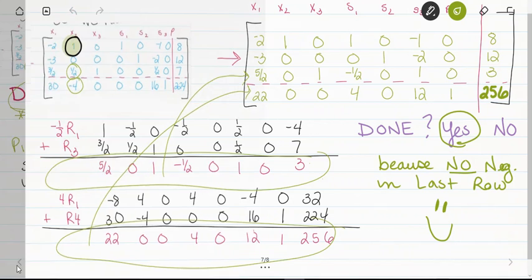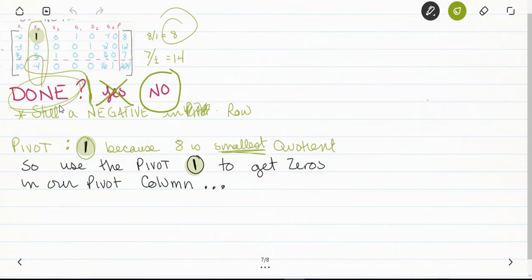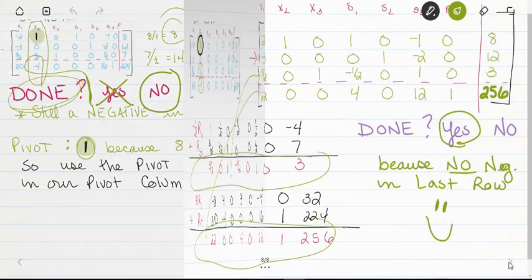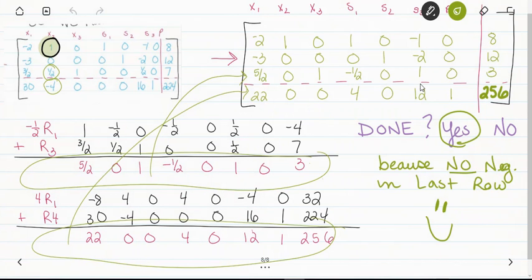Well, back on this page, we were asking, are we there yet? Are we finished? No, we're not there yet because we still had a negative in the bottom. Are we there yet? Yes, we're finally there, because if you look at the bottom row, our P row, you'll see that there are no negatives. So because there are no negatives, we can say we're finished.